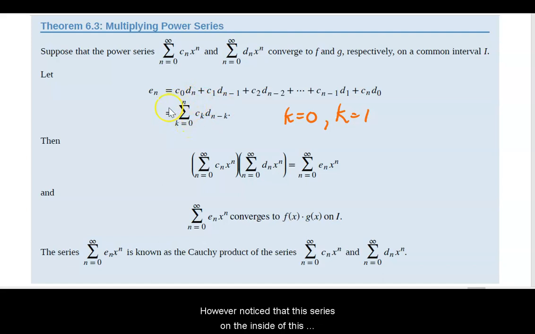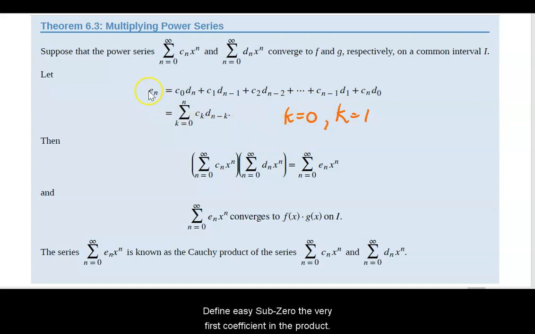However, notice that this series on the inside of this infinite series, the coefficient one, is not infinite, it's finite. It stops at n. That means that we're going to take c sub k and multiply it by d sub n minus k. Let's let k be 0 now.